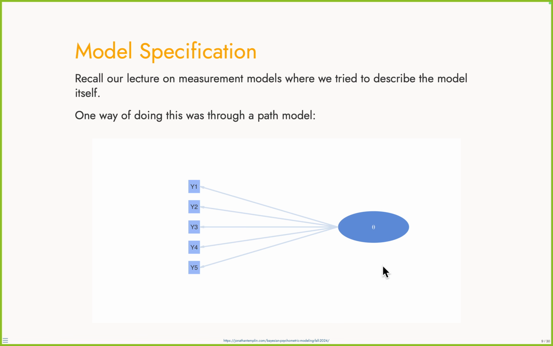A circle represents a latent variable, the construct we're trying to measure. A square represents something that's been observed. So if we had 5 items here, these were all in squares. These are the observed data. We hypothesize an underlying latent variable that is influential on each of these. In fact, if we were to observe it, this path diagram indicates it would be predicting the score for each one of these observed variables.